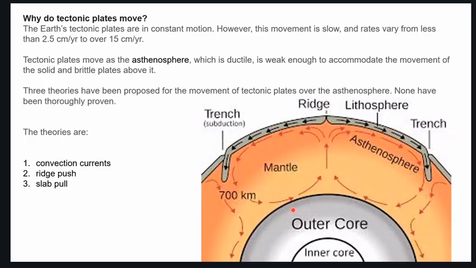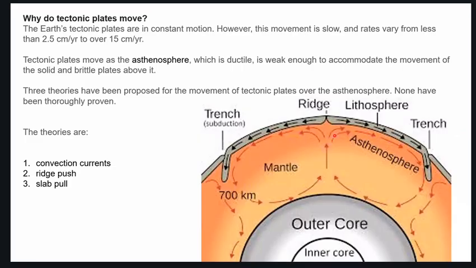Close to the core, you have very hot rock material. Because it got very hot and molten, it becomes lighter, less dense, and more buoyant. It pushes itself towards the Earth's surface.